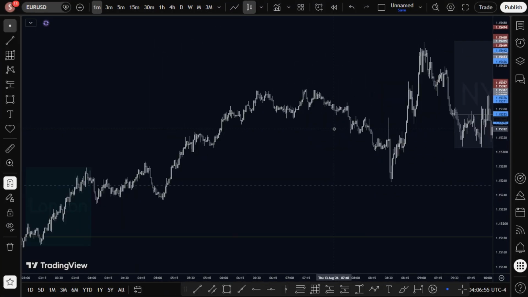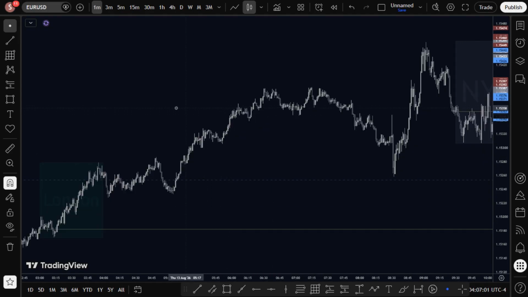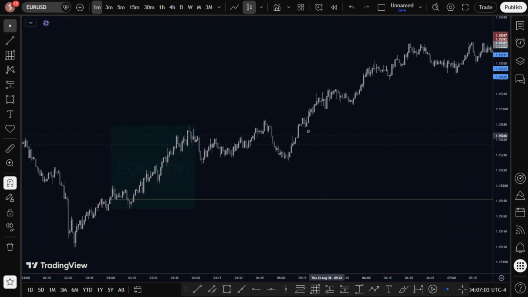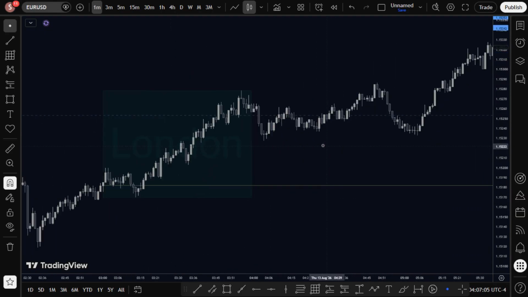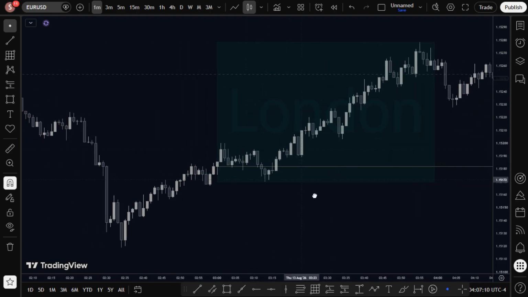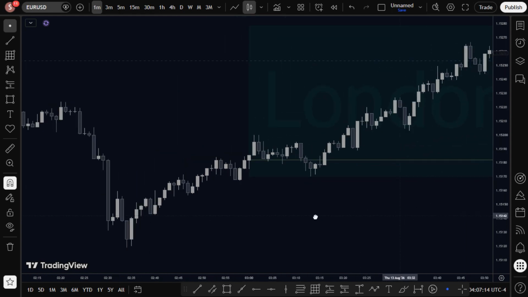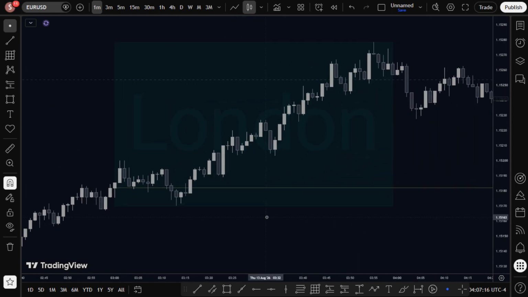All right, so let's look at another example. Okay, so here is another example. This was the 13th of August 2026. These are all recent trades. All right, so look at what happened again here during the London silver bullet window. Look at what happened.